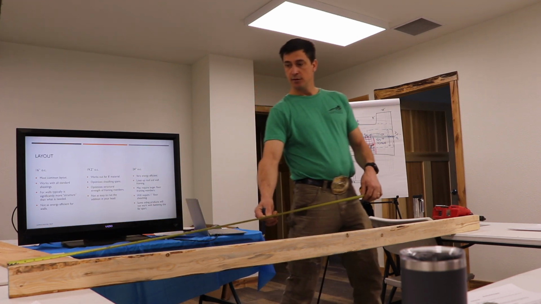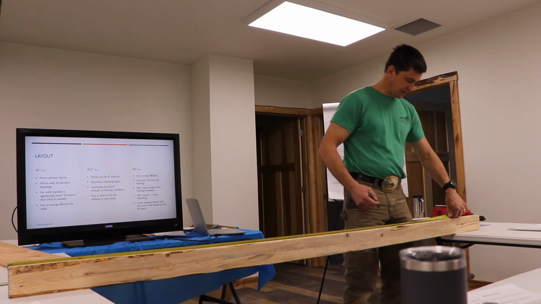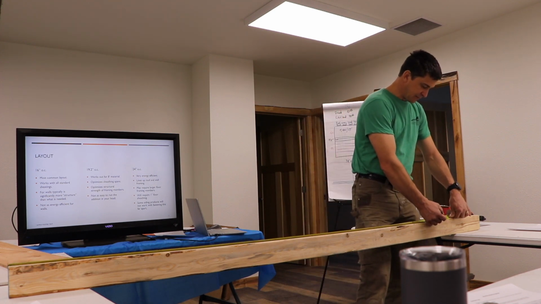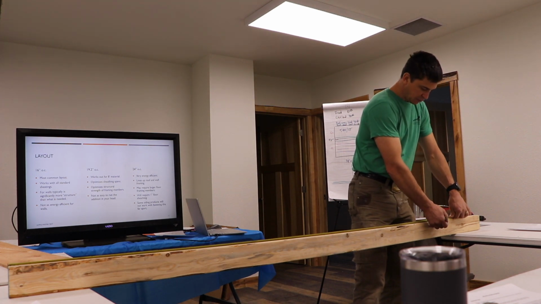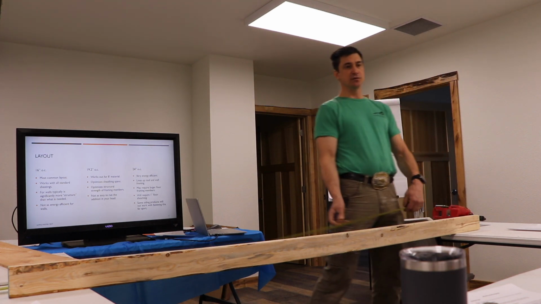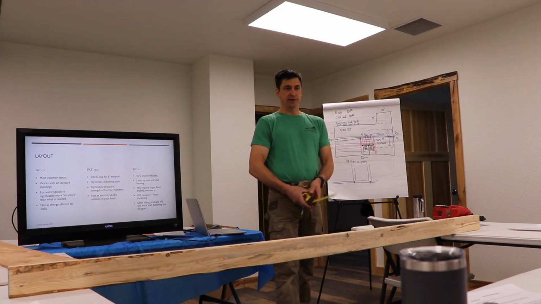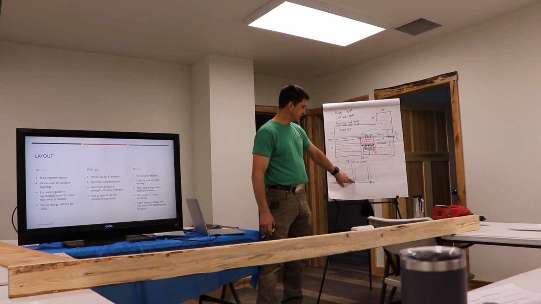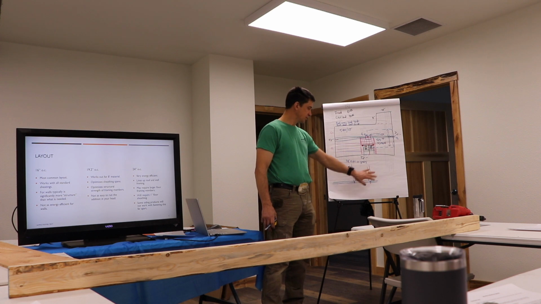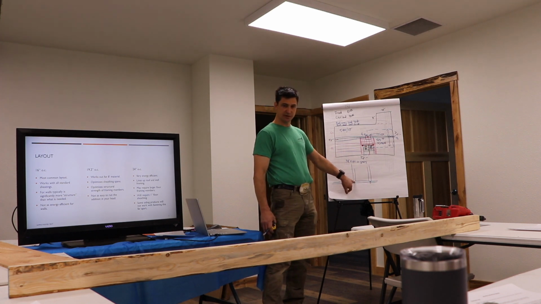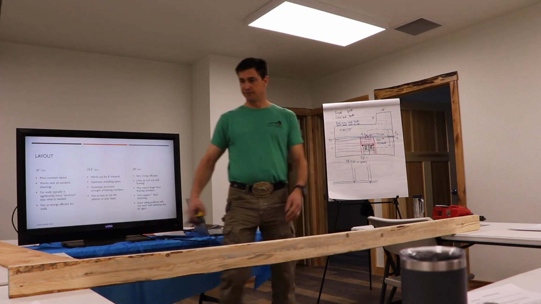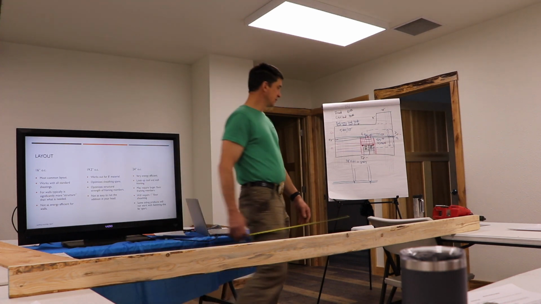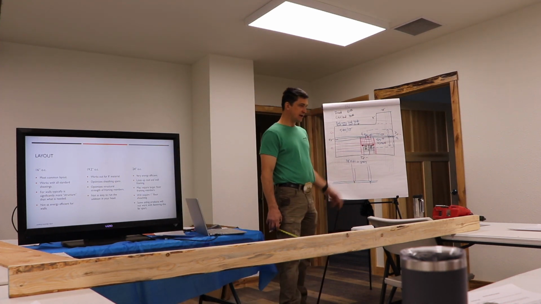And then when you get to the end, instead of cutting it off at 191 1/4 or 192 3/4, you're cutting it off at 192. Because then that layout will end dead center of the stud. And then when you do your next one, you just don't put a stud in at the end. You don't put a first stud in. You just tip it up and slide it in under that one.